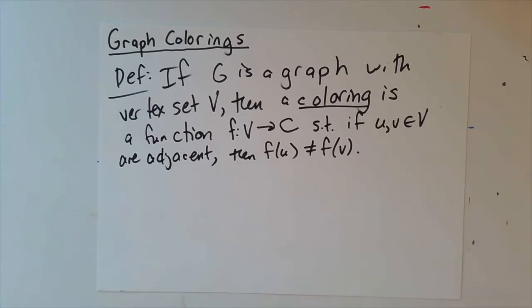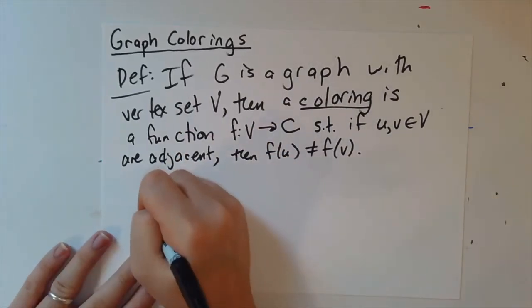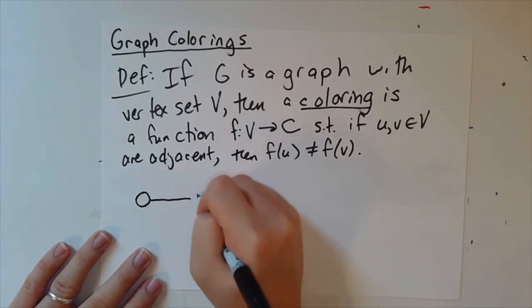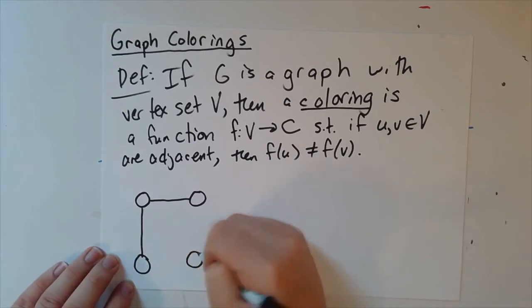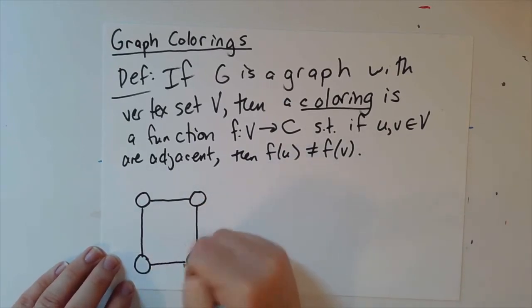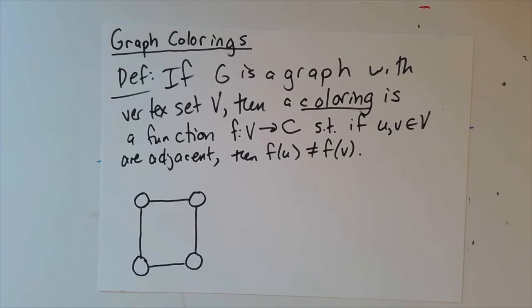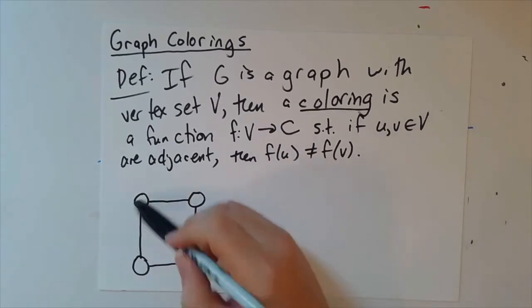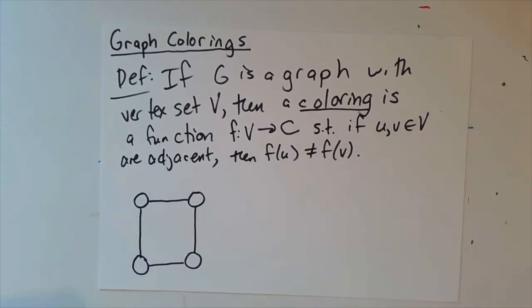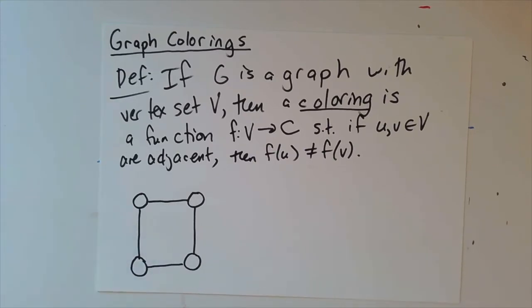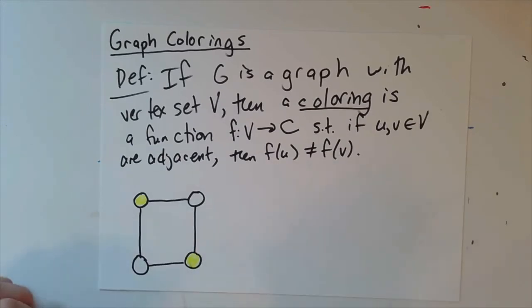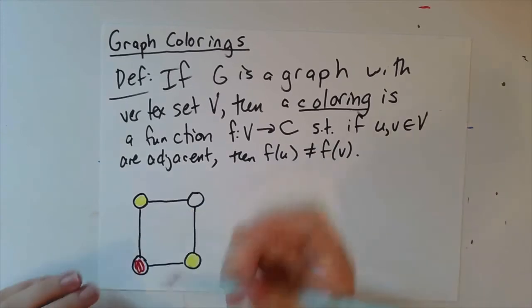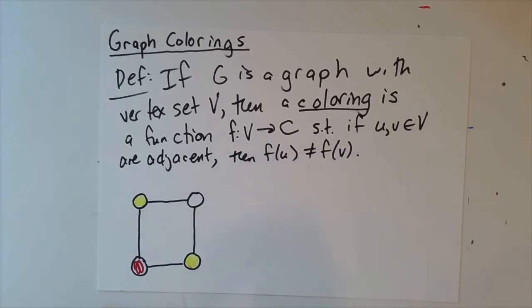A nice way to think about this is if I have a graph like, let's take C4, like this. Instead of drawing solid dots, I can draw empty dots, and then I can take my colors and shade them in. So say, okay, I'm going to color this one yellow, and this one yellow, and that one red, and this one blue.